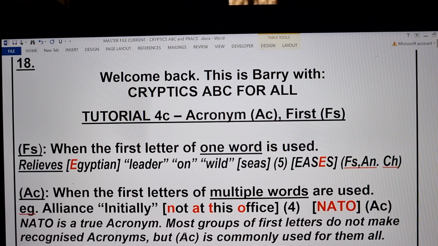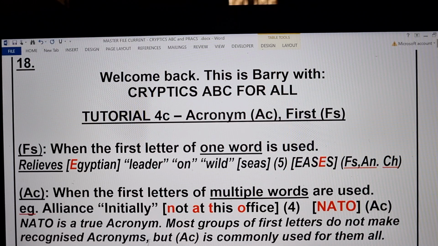And most groups of first letters, when you just pick first letters, they're not recognised acronyms. You wouldn't normally say that's an acronym. However, in cryptics, it's the easiest way to do it. All these words where you use the first letters, we just call them all acronyms. That's the easy way rather than making up a new trick.